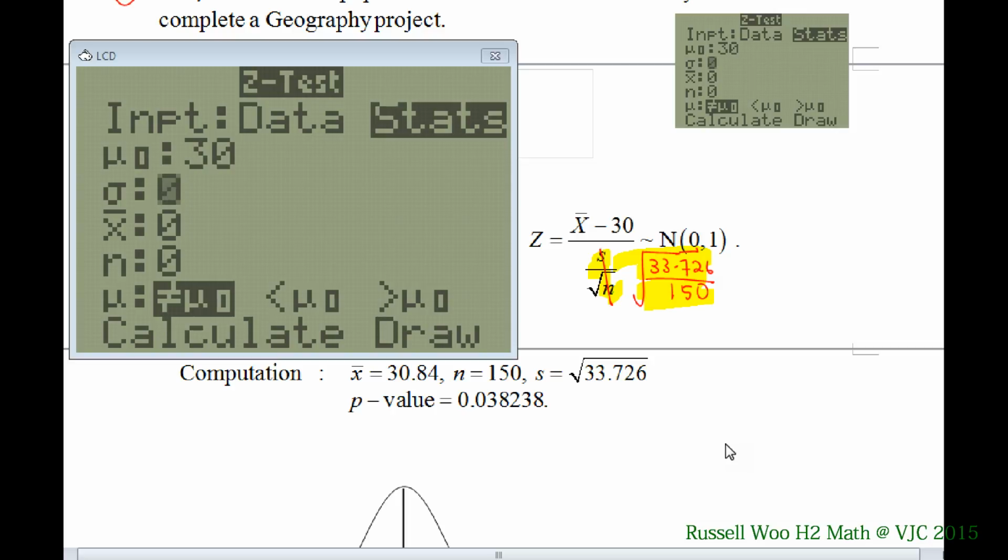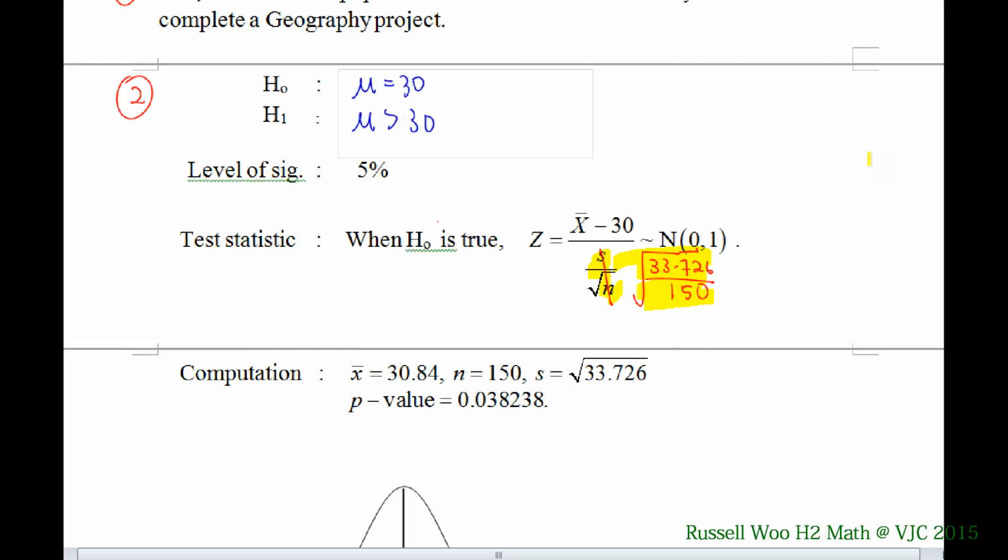Sigma, okay, now some of us are very confused. Look here, you actually don't have to do the work for the GC. You are not going to key in the sigma of your x bar.